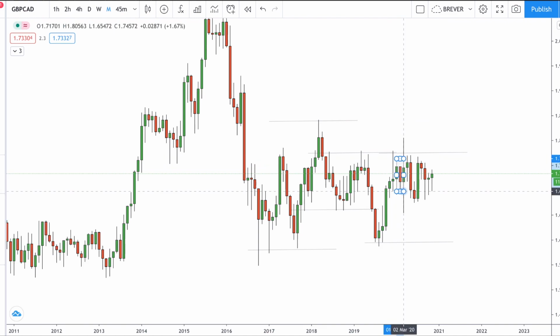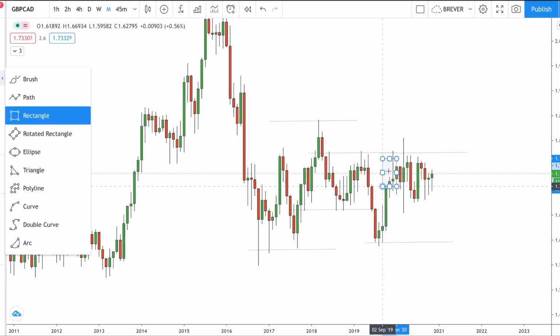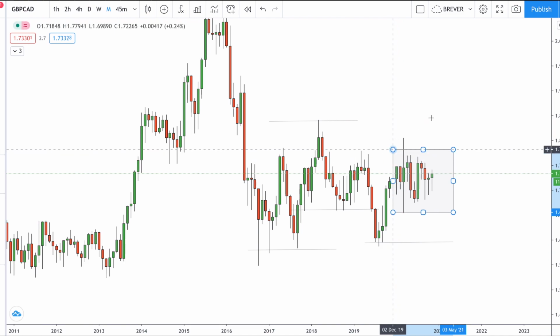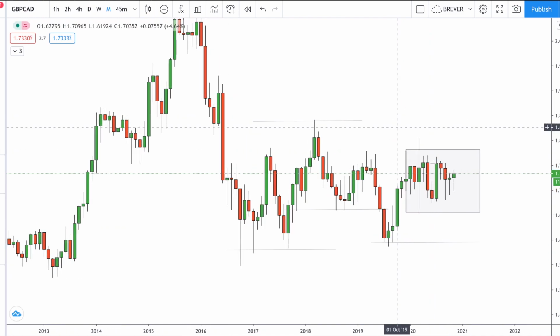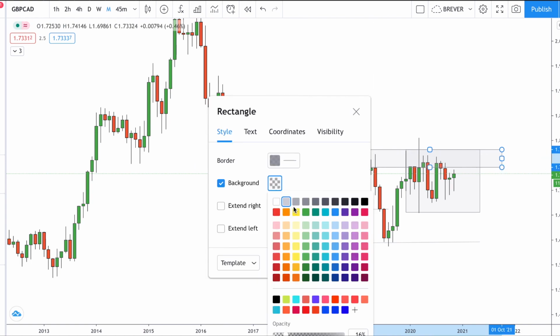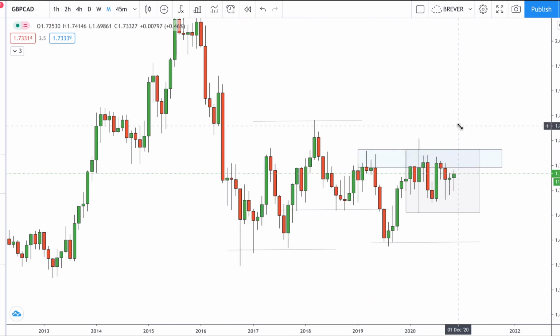We're stuck on this area. Now we would have to study this area here, but we know already that we have some sort of same region of lower highs.